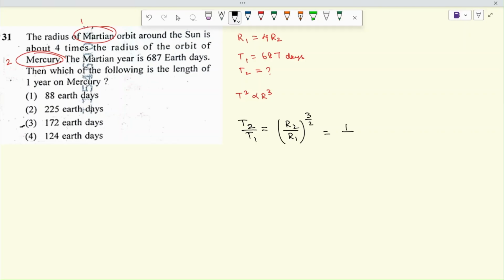That is R2 by R1 is 1 by 4 according to the question, power 3 by 2. That is 1 by 8. So T2 is equal to 687 by 8, which is 88 days. Option 1.